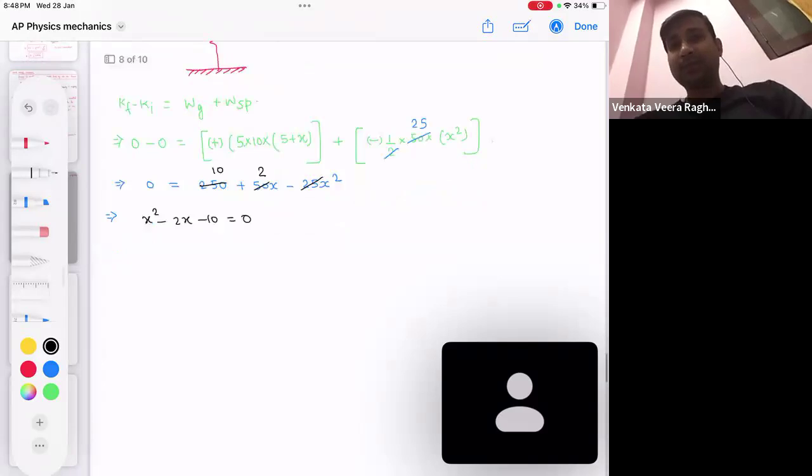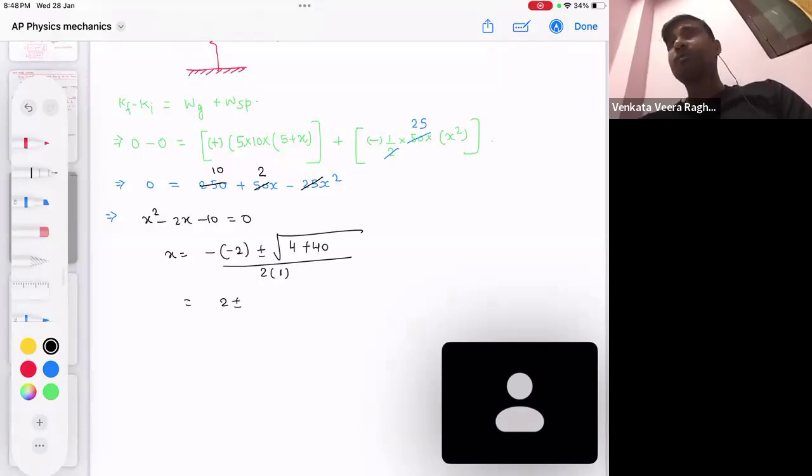So if you calculate x, you are going to get minus b plus minus root of b square minus 4ac. So that is 4 minus 4 into 10, 40 it will become, divided by 2 into a. So we are getting 2 plus minus root 44. We can write it as 2 root 11 by 2.